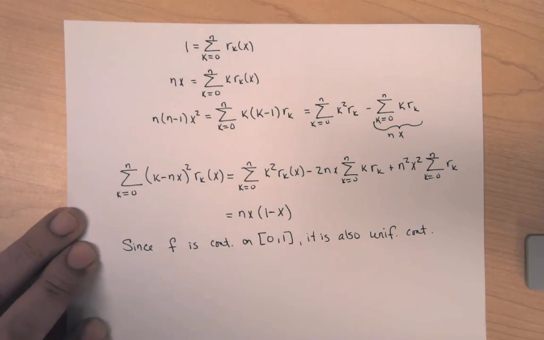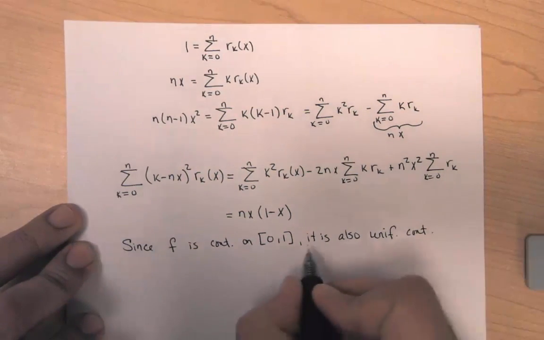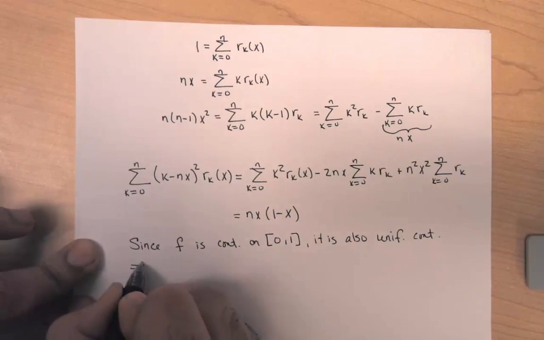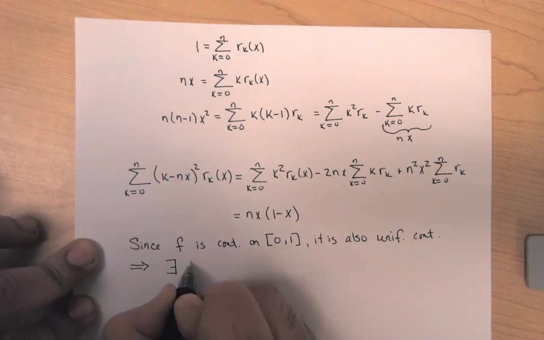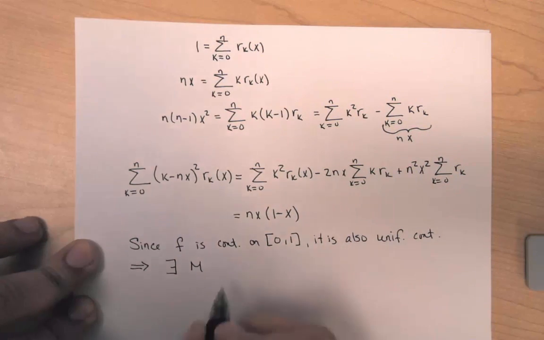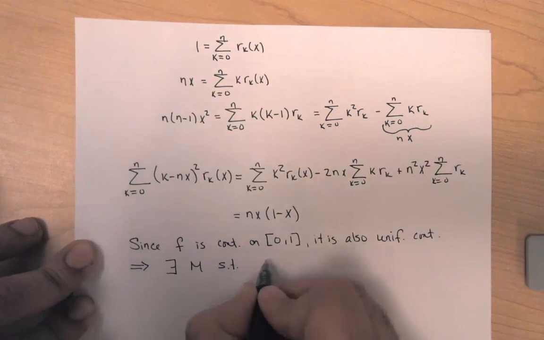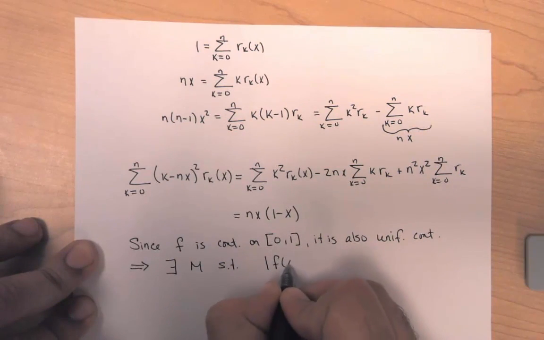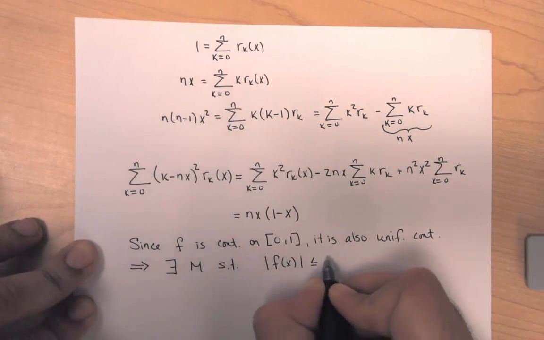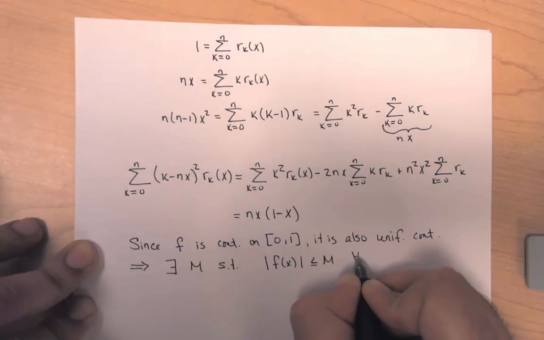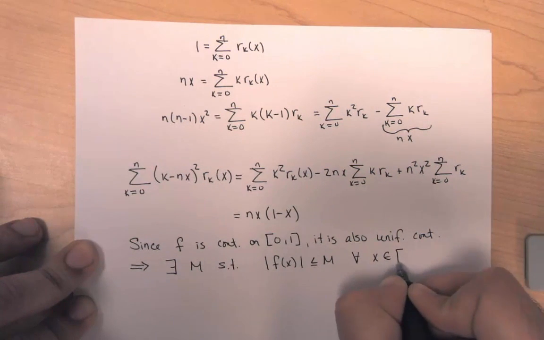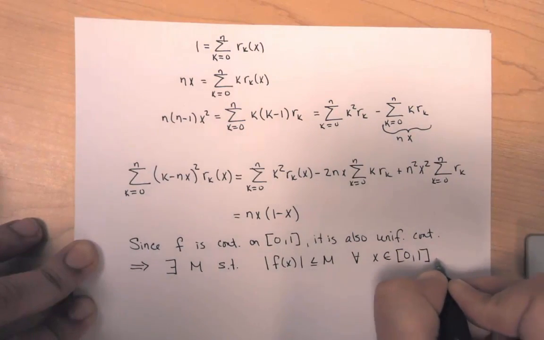Furthermore, it's also bounded. So this also implies that there exists some max value M for which f of x is less than or equal to M for all x on that interval 0 to 1.